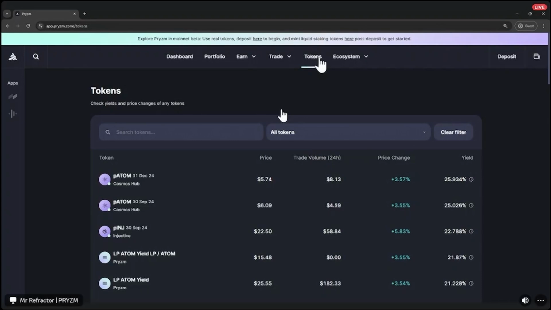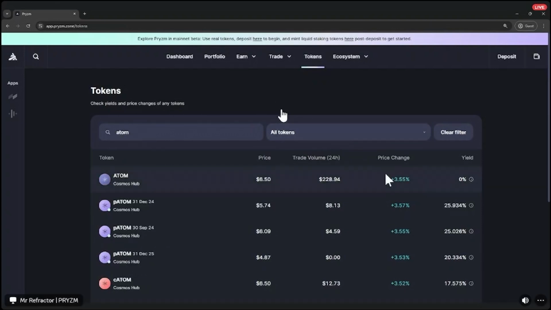I know ATOM's moving, so the value of my share of the liquidity pool must be moving, but no one's saying you're up 5% or you're down 5%. So we think that's bullshit, and you should be able to see how your token is doing, because if you own a liquidity pool token, then you're exposed to the price of the assets in the pool because you own a share of that pool.